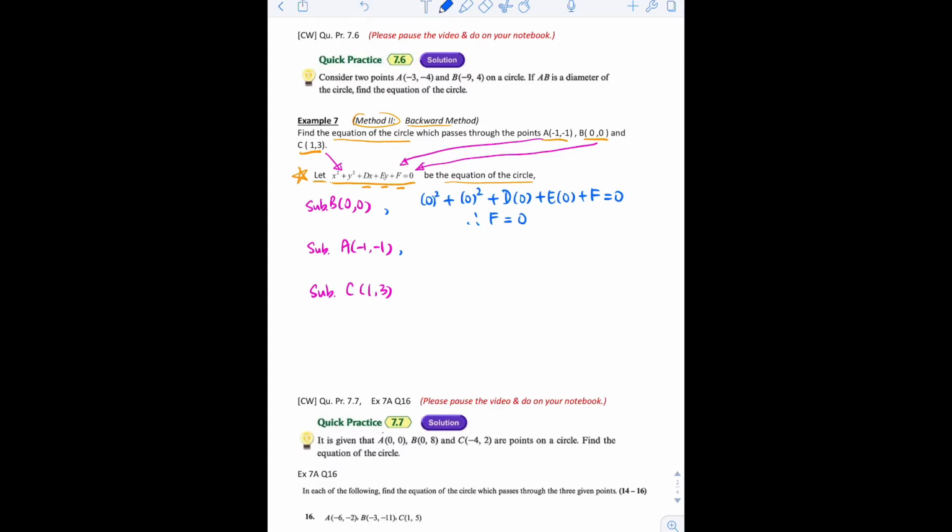After you find F, then it is no longer an unknown. So we can choose to substitute A or C into the equation.